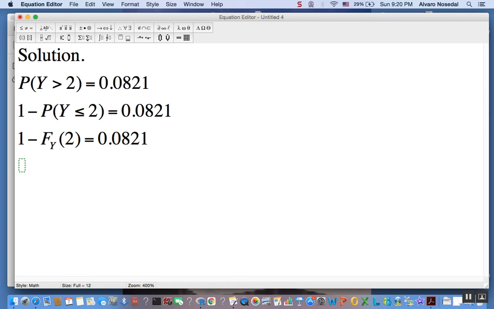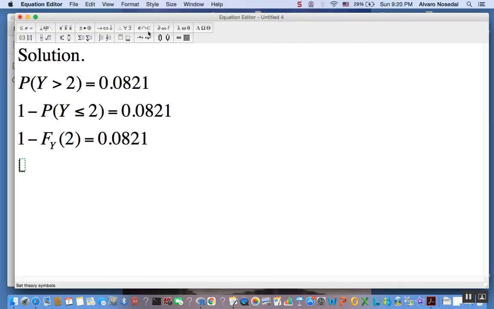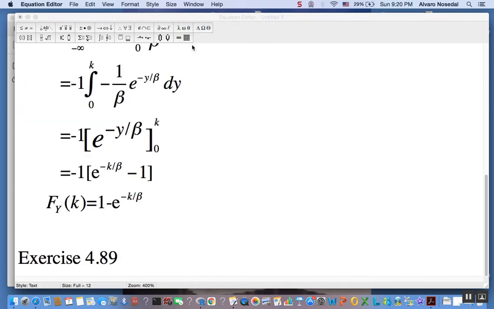And there you go. We have a very general expression for that CDF, right? We have that right here. Uppercase F, meaning the CDF of the random variable y evaluated at k when k is positive or 0, is 1 minus e to the negative k divided by beta.